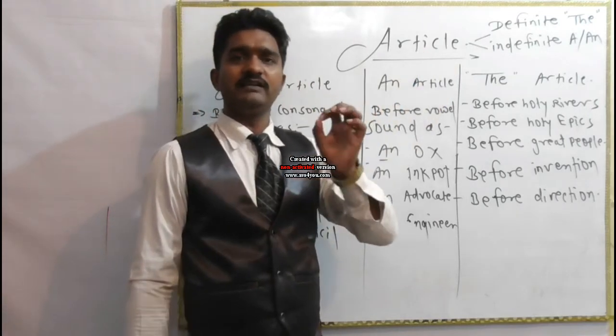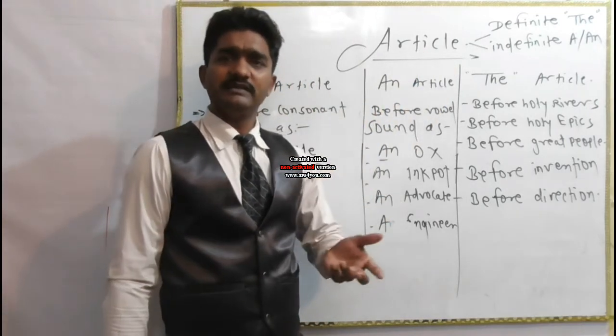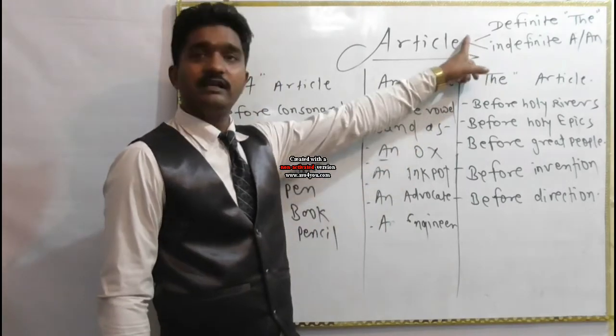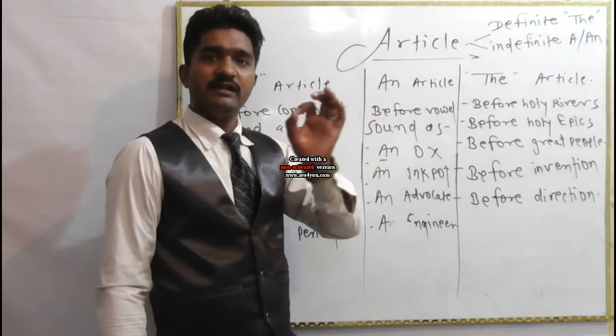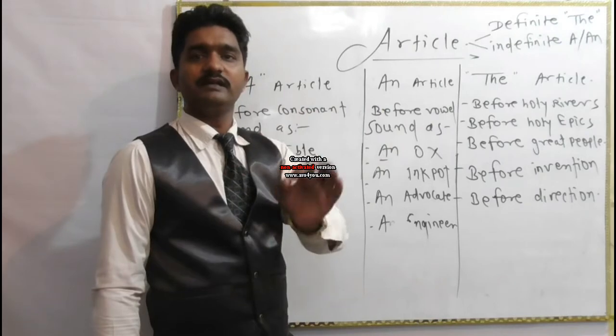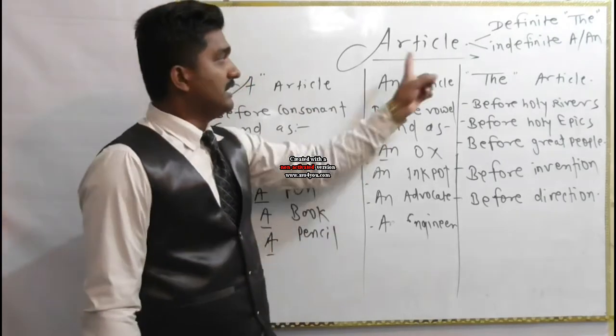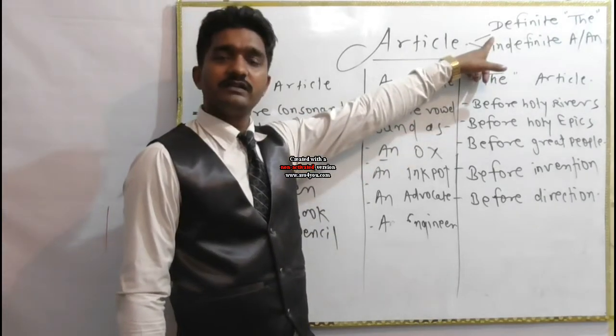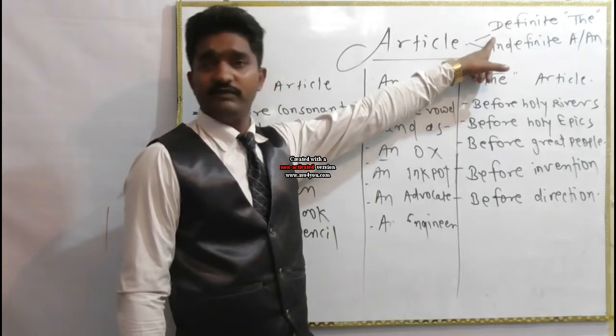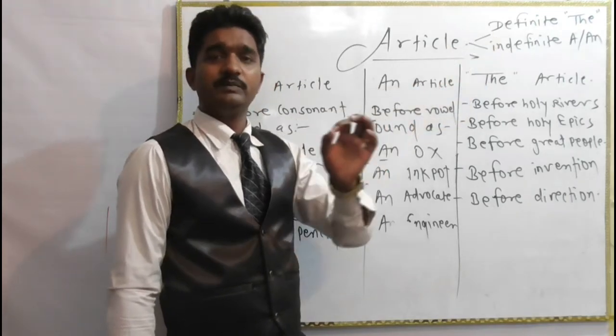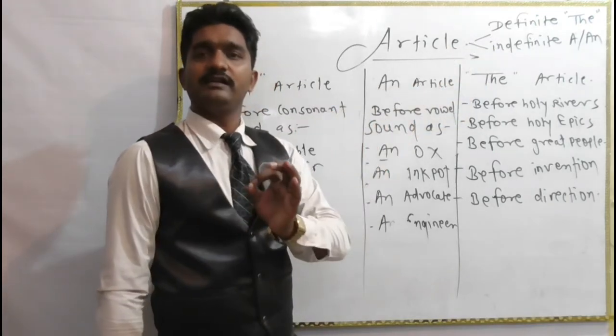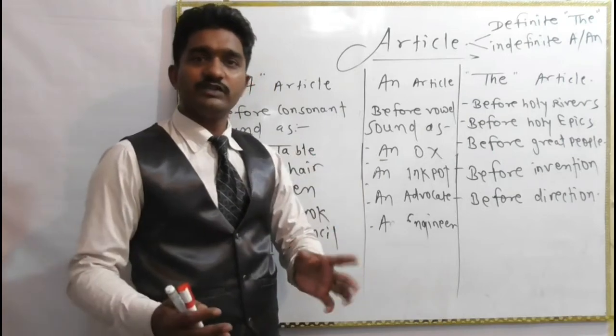Article, if I take its Hindi meaning, there are 2-3 meanings, but today article means a, an and the. These are called articles. Article is divided into two parts, definite article and indefinite article. Definite article means fixed article. For that there are a lot of fixed conditions.